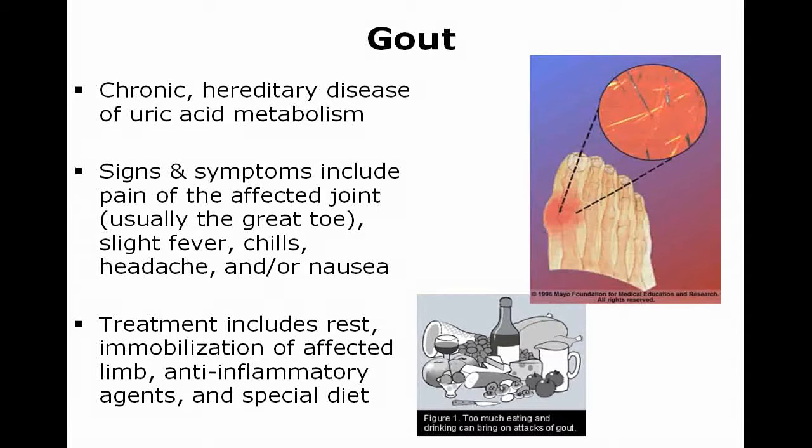Treatment is rest and immobilization of the affected area. Again, anti-inflammatory drugs are really important there. And a special diet, trying to avoid those foods that are more likely to produce this uric acid in the body.